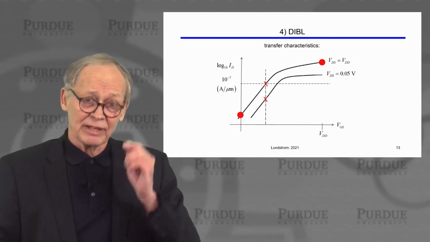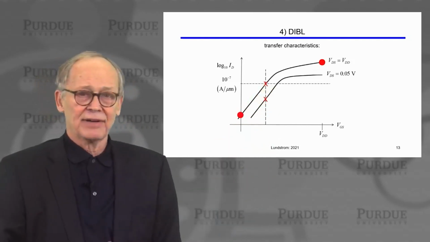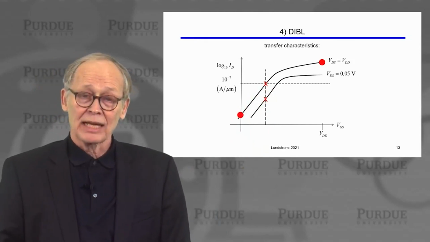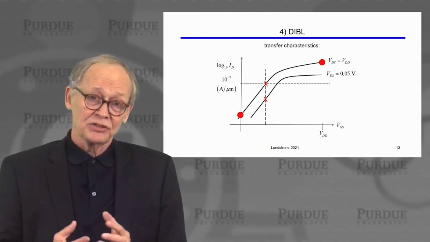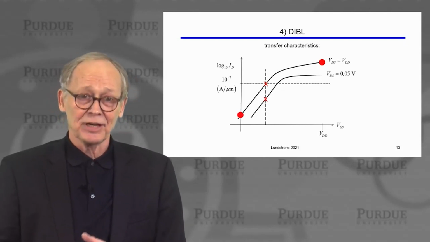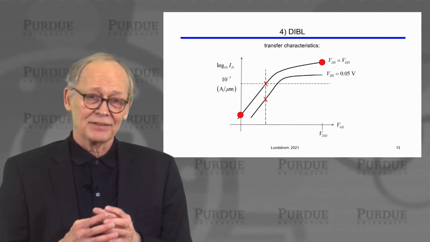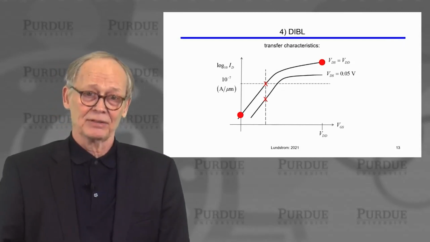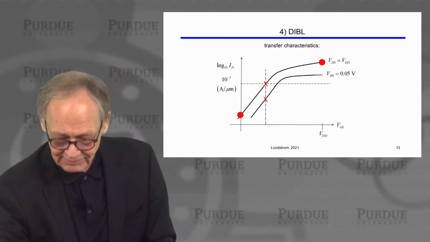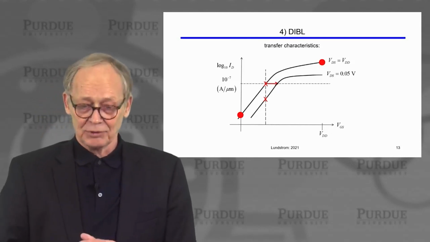If I pick an arbitrary small current, and say I'm going to define my device to be on when I reach that current, you can see that the threshold voltage depends on the drain voltage. That's an undesirable characteristic of a transistor. We would like the threshold voltage to be independent of the drain voltage. Well, we measure this effect by something called DIBL.